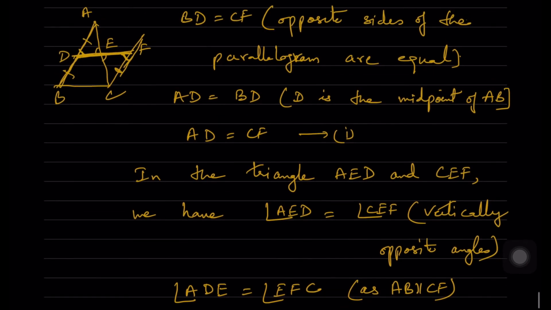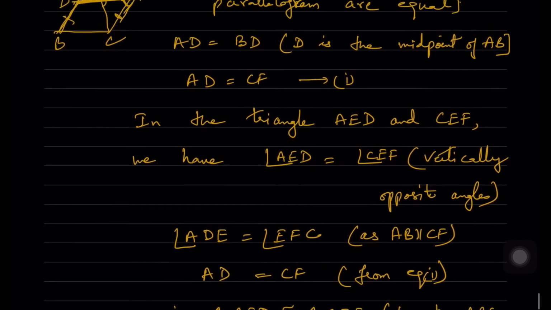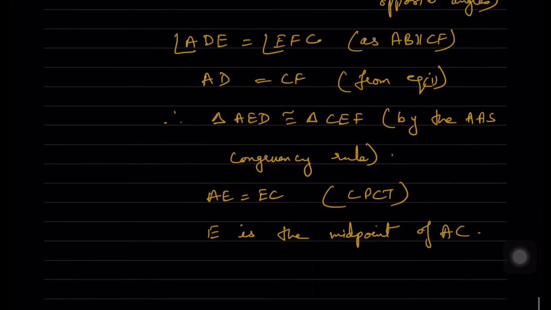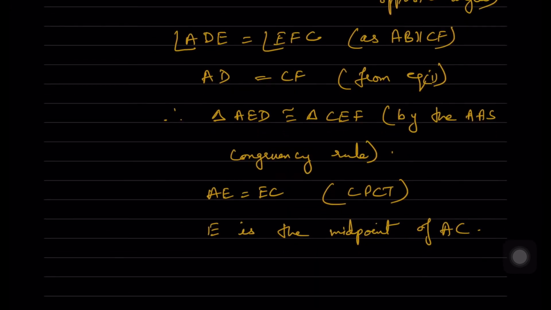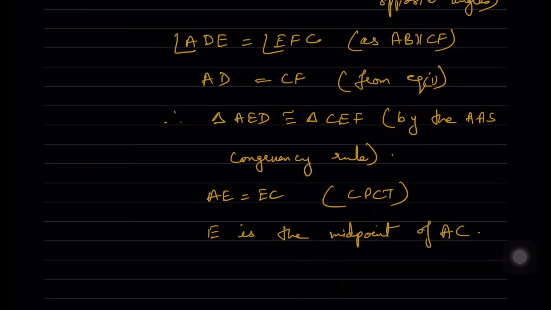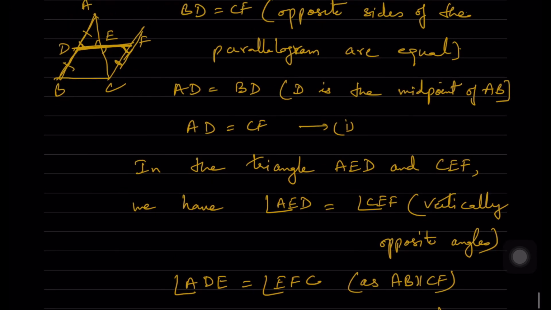Then AD is equal to CF, which we got from equation 1, and we also have vertically opposite angles. Therefore by the ASA congruency criteria, AE is equal to EC. This is by CPCT: the corresponding parts of congruent triangles are equal. Therefore E is the midpoint of AC.